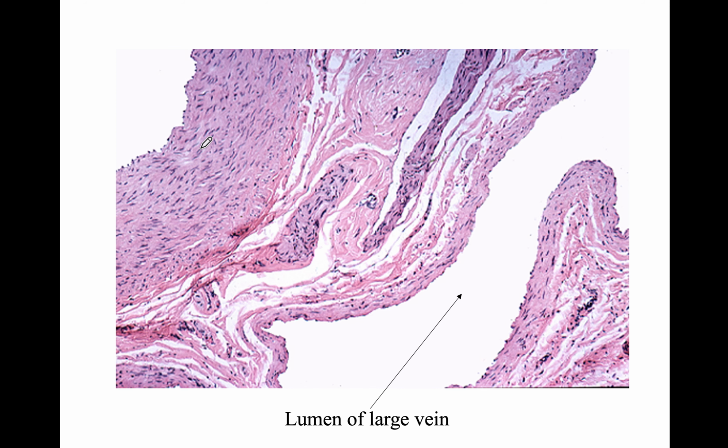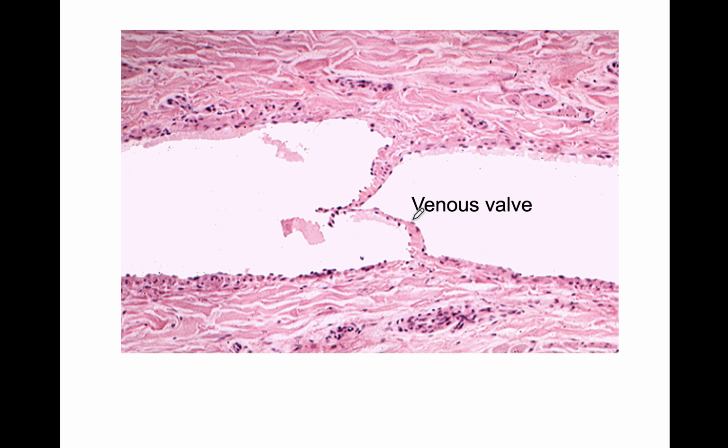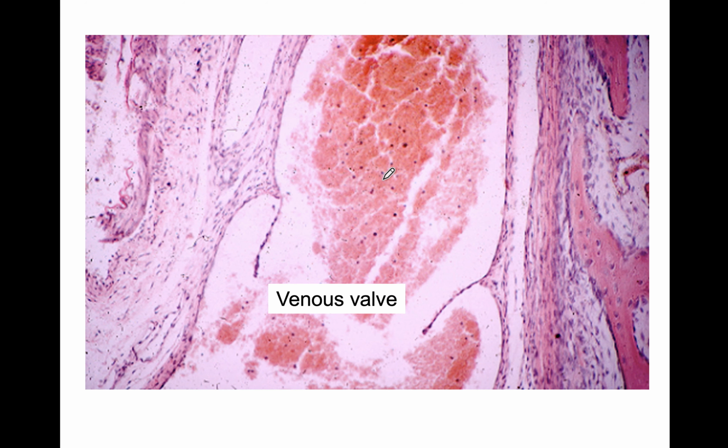So this is the artery here, whereas this one here is the vein. You could appreciate the number of layers here, regular versus irregular in shape. Also, we have this valve. From outside, you can see this is the tunica intima. It's almost like an extension of the layer of the tunica intima. From outside we have the endothelium, and in the middle we have the subendothelial connective tissue.